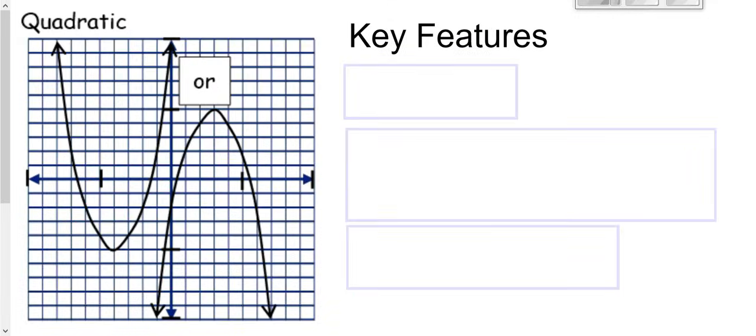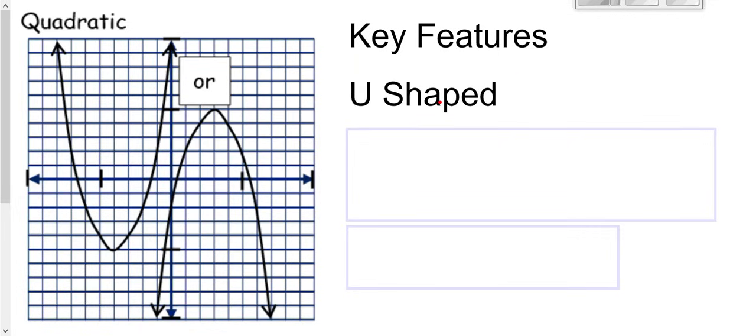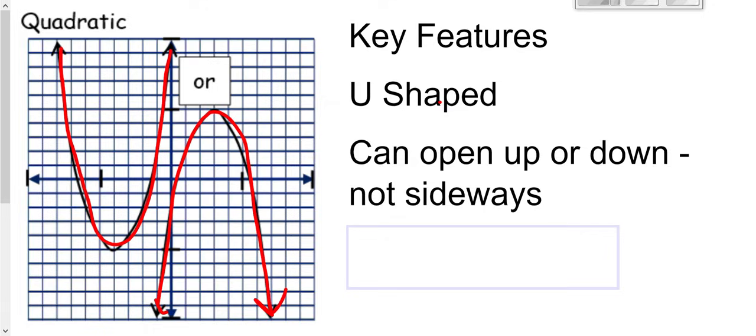Okay, the next one I want to talk about is quadratic. Quadratics, look at them. They're U-shaped. That's our first key feature. You'll notice in both of these pictures, you either have one I like to call a smile, or a frown, meaning that they open either up or down.